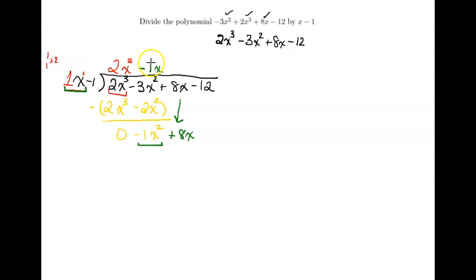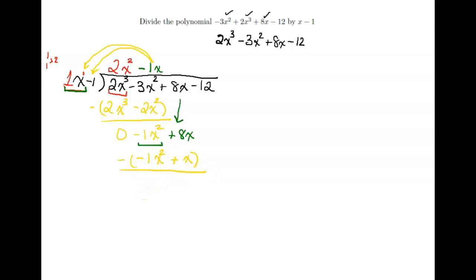We are going to multiply the negative 1x by both terms here. So negative 1x times 1x is just negative 1x squared, right? x times x, x squared. And negative 1x times negative 1: negative 1 times negative 1 gives me a positive 1, and x just there.